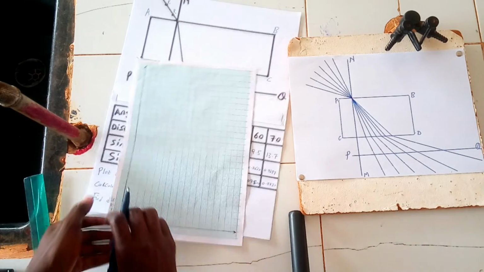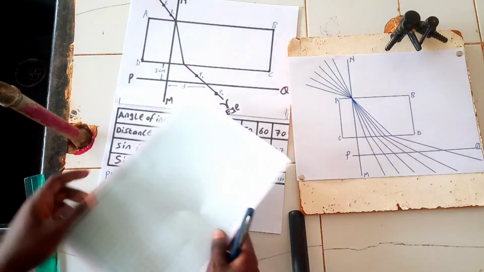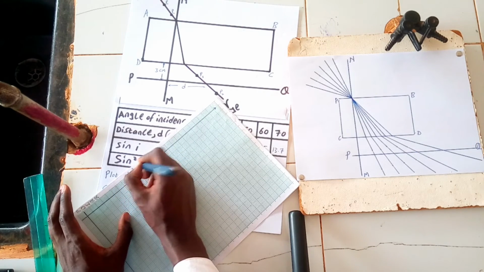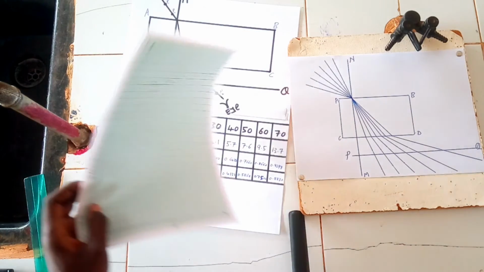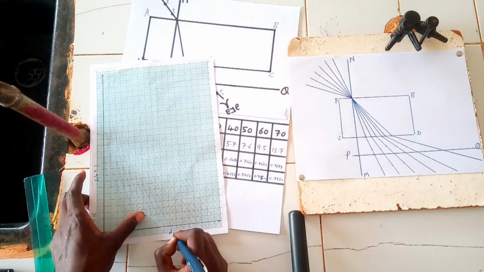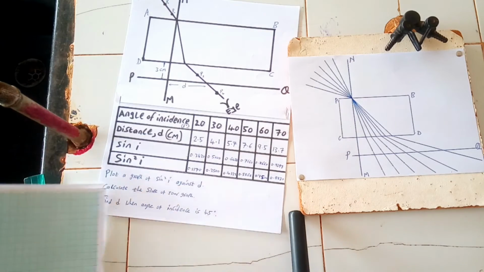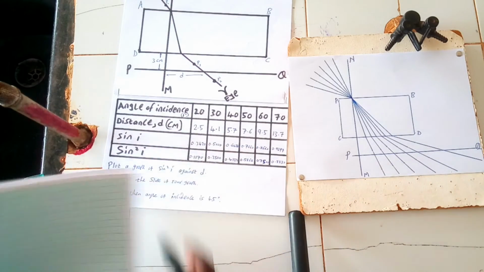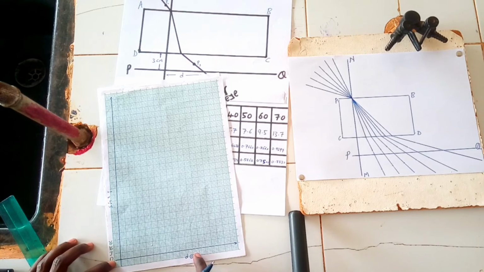Since we are plotting a graph of sine squared i against d, this side we call sine squared i. This one we call d, let's say in centimeters. You label the quantity and the unit, d in centimeters. For d we have up to 13.7. Let's see how many squares we have: 14.